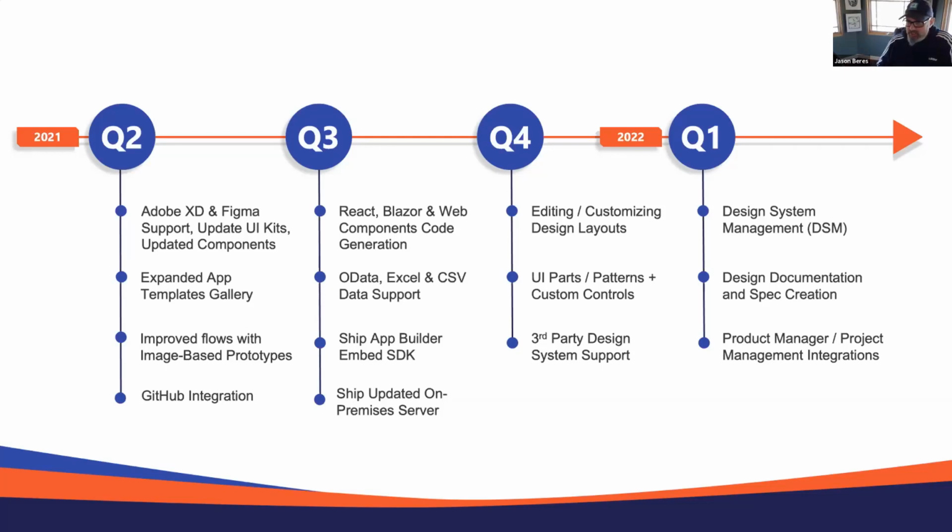Then moving into next year, we have this whole vision behind design system management, UX writing, spec writing right within the tool so you can communicate more fluidly with stakeholders and customers. And then looking at third-party integrations, product management tools, project management solutions, et cetera.